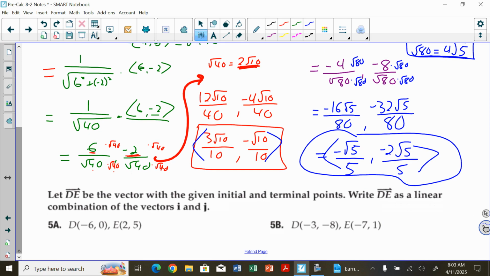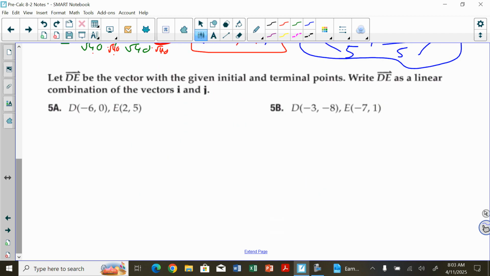All right. Last one. And these are pretty simple here. So like I said, this is the linear combination. DE is a linear combination of the vectors i and j. All right. So I just kind of have to put this into component form. DE in component form would be 2 minus negative 6, and then 5 minus 0.